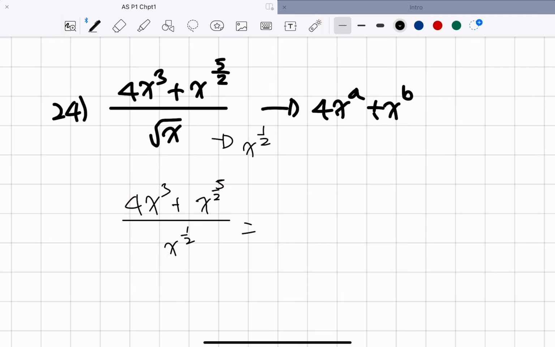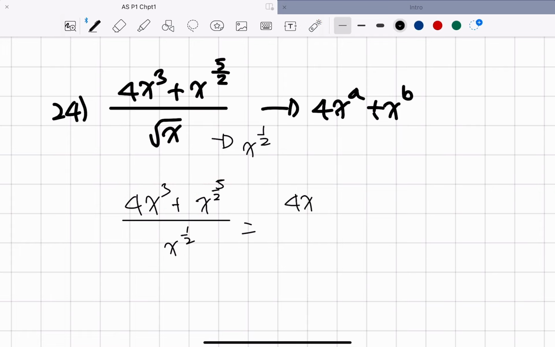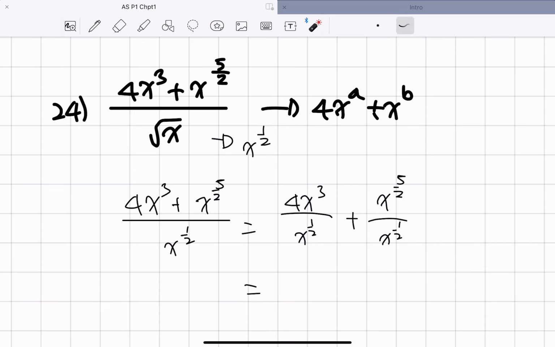Before that, we can make it into two different terms, right? So it's 4x cubed over x to the power 1 over 2 plus x to the power 5 over 2 over x to the power 1 over 2. Then we can simplify, because this is division.